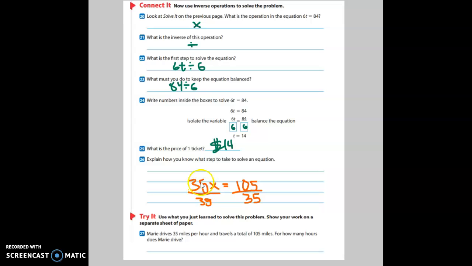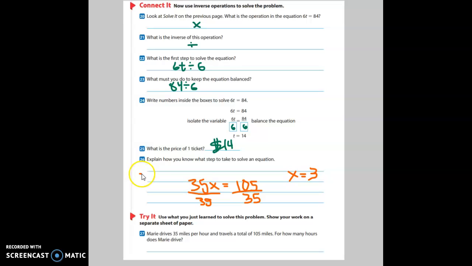Now, this is going to be easy mental math for me, so I'm just going to explain it. I'm not going to show it. Maybe I'll show it on the side over here in a minute, but 35 divided by 35 is 1. So x is now by himself. And I know that 105 divided by 35 is 3. I'm going to explain how I know that in a minute. So Marie traveled for 3 hours.